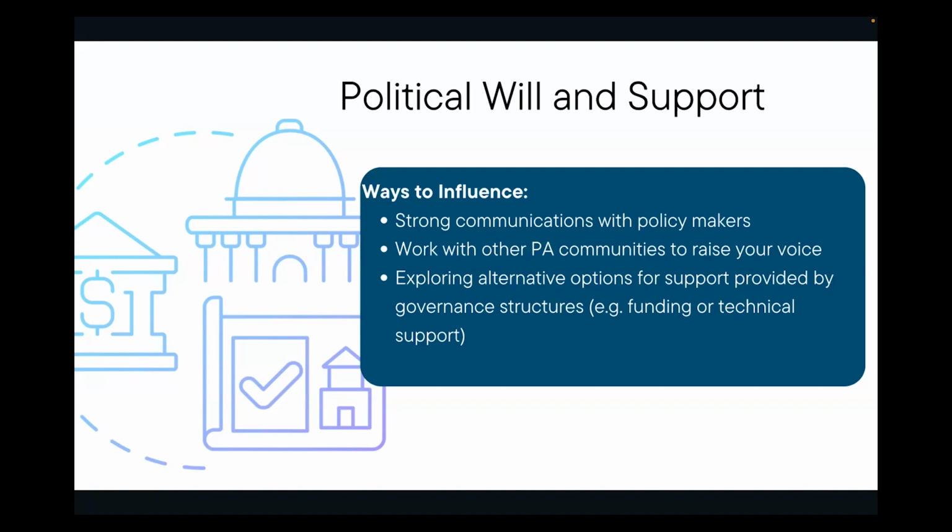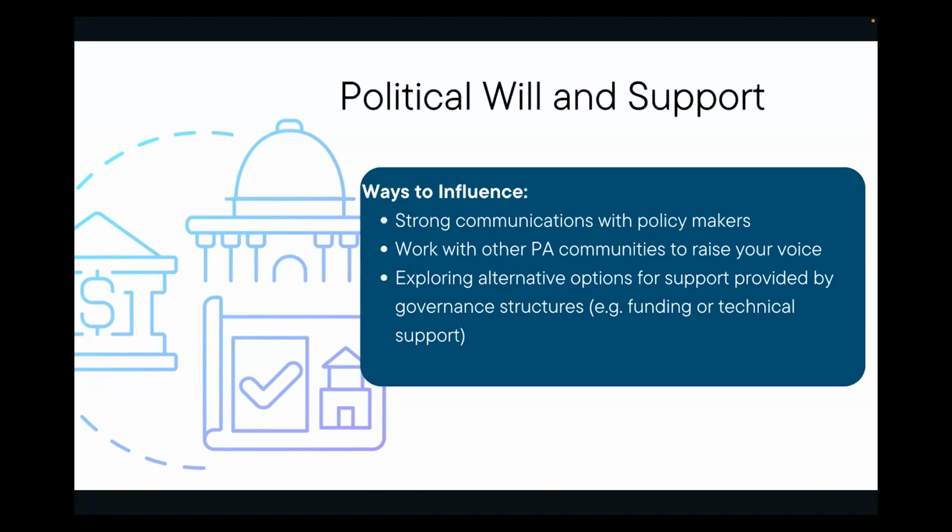Working with other communities to raise your voice. The example I just gave of those communities getting together, it really does elevate an interest and make a difference when you have a collective voice going to policymakers.